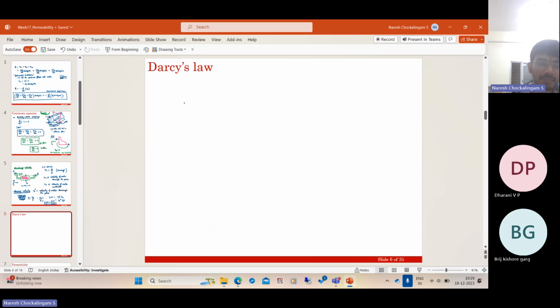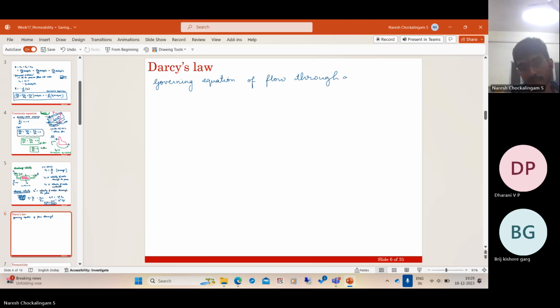So this is the governing equation for the velocity. Now, how do we relate it to other variables in the problem? We are trying to get the governing equation of flow through a porous medium, flow through soil. Now, one governing equation is the continuity equation.